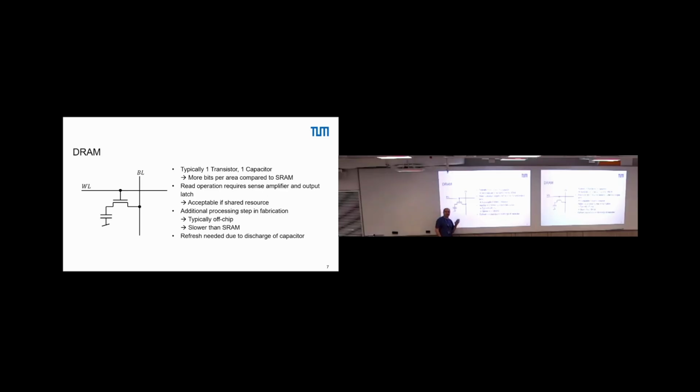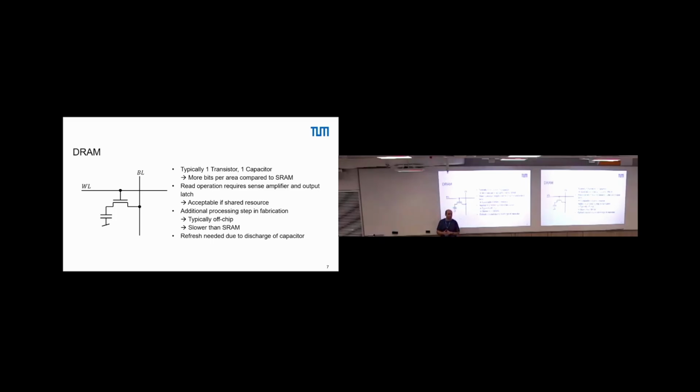There is some effort going on to bring these DRAM chips close to the actual computation unit, in the sense of directly attaching them. Nowadays, I would still say this is a novel technology, which is called chiplet. So you build one chip with one technology, the other chip with another technology, and then glue them more or less together.